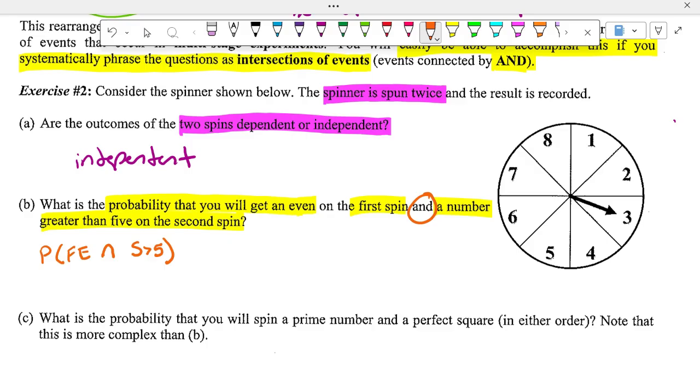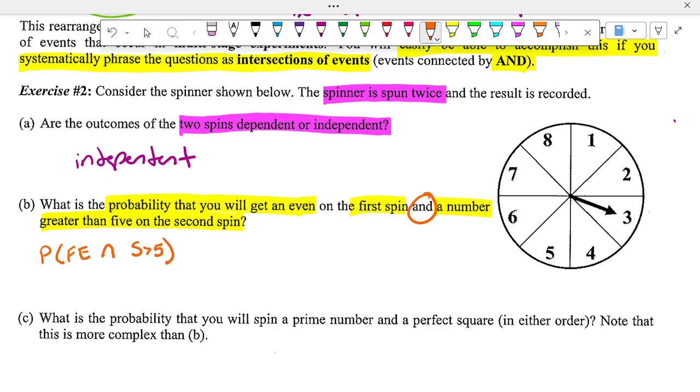P of A and B is equal to P of A times P of B. So that's the formula we just came up with. That's the multiplication. How would I use it?